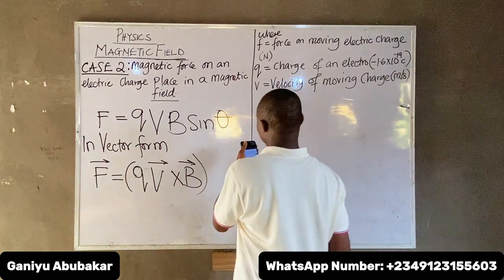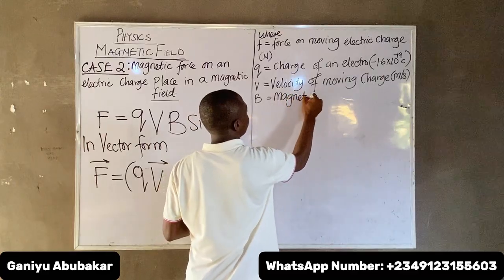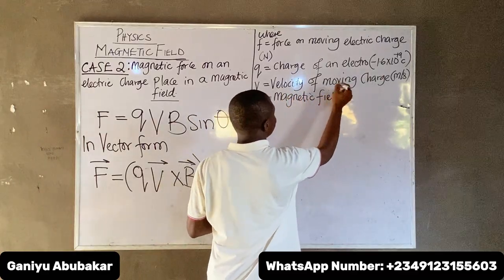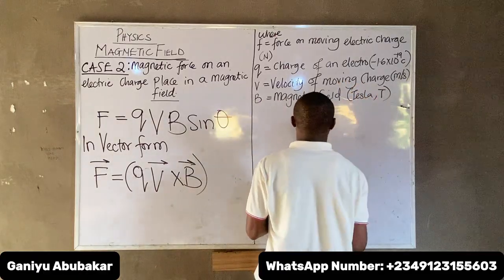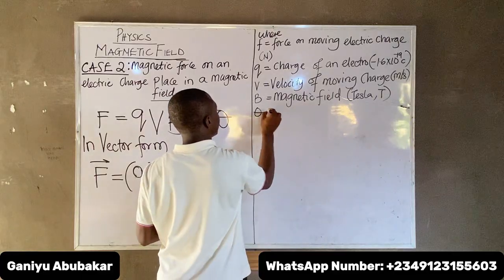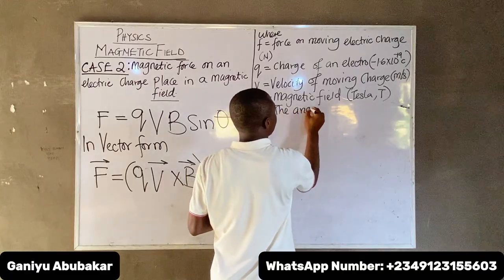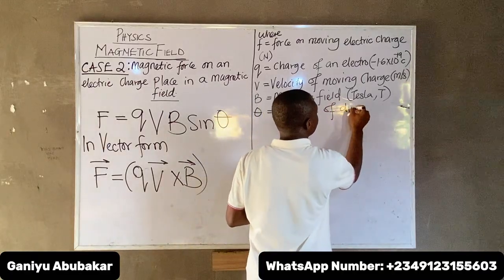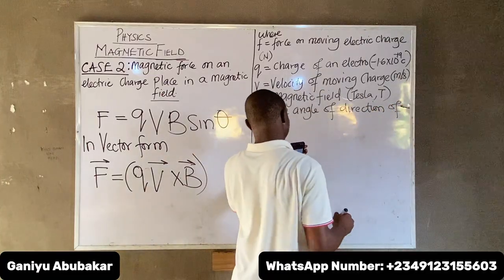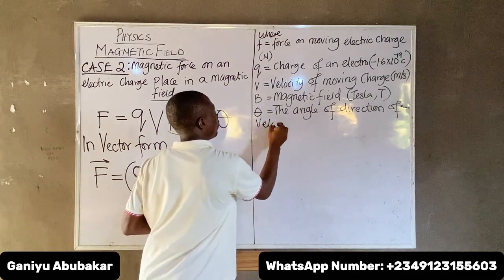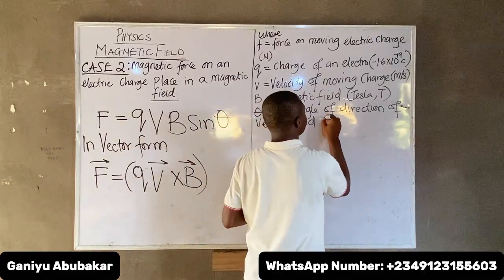Next we have B. B is called the magnetic field, of course in Tesla, capital T. We also have theta, the angle of direction of velocity and magnetic field.